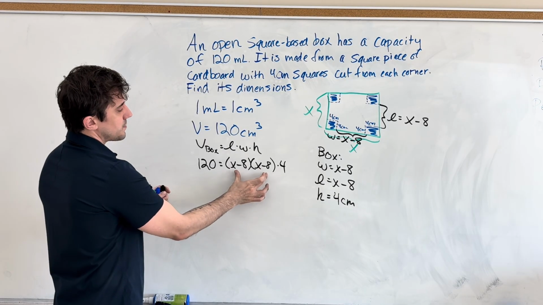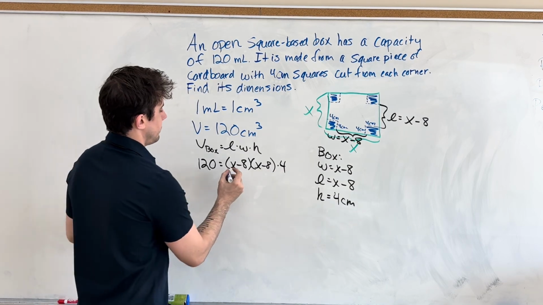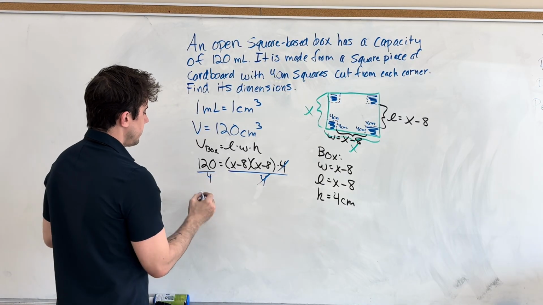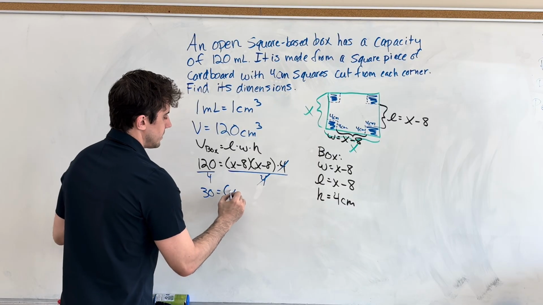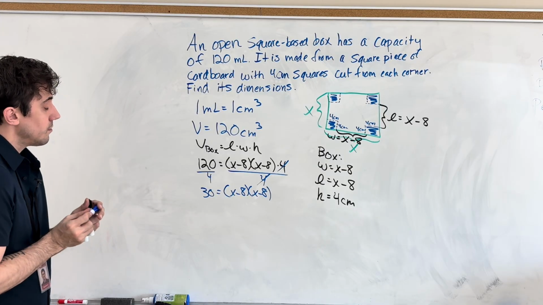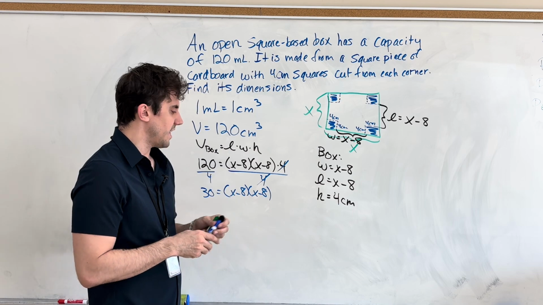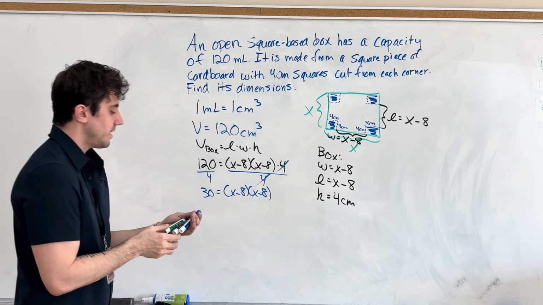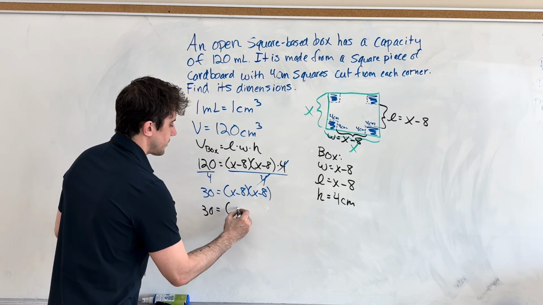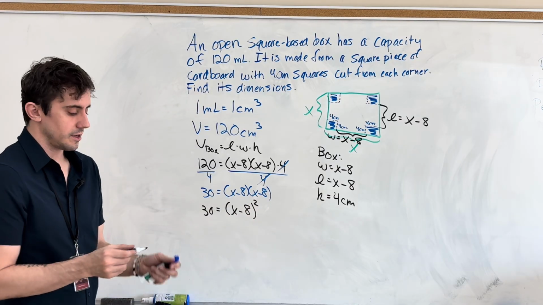First thing we can do before we expand this bracket out, let's divide both sides by 4 to make our life a bit easier. So we divide by 4 to cancel out this factor of 4. Same thing on both sides. And so 30 is now equal to X minus 8 times X minus 8. Now, we could expand through this bracket, and you might have that pattern ingrained in your mind, but I'm going to note that this, written in another form, is 30 is equal to X minus 8 all squared, okay?